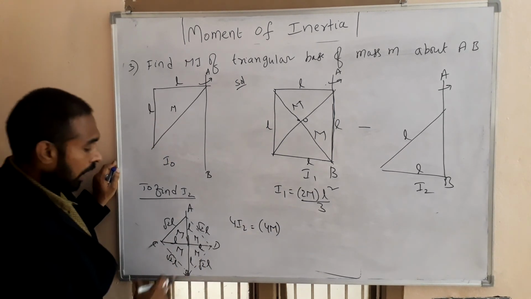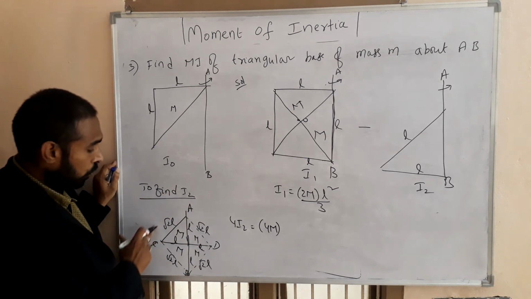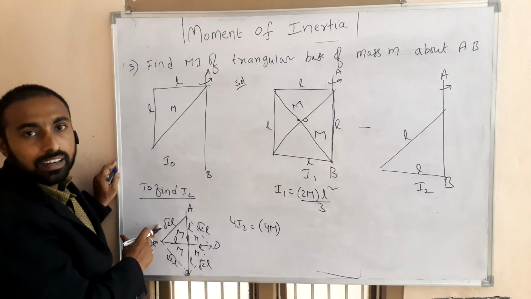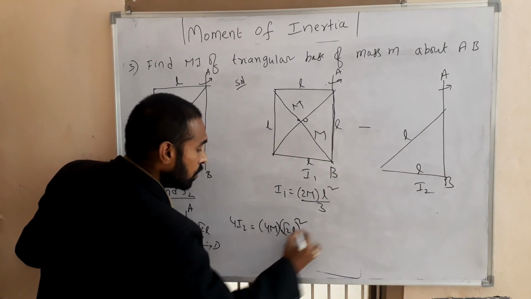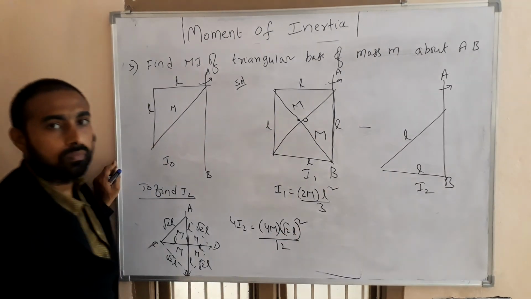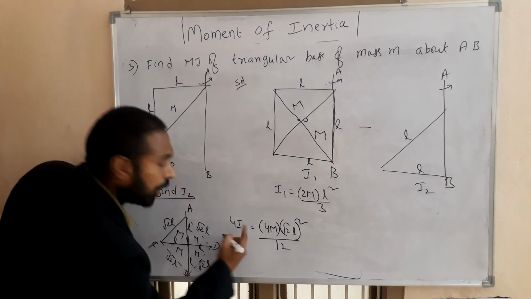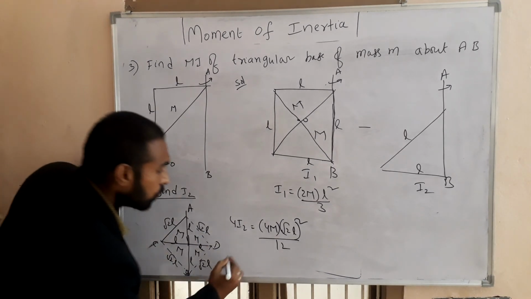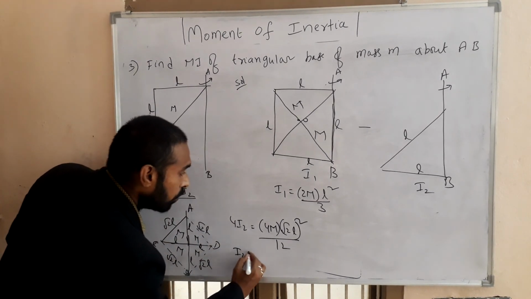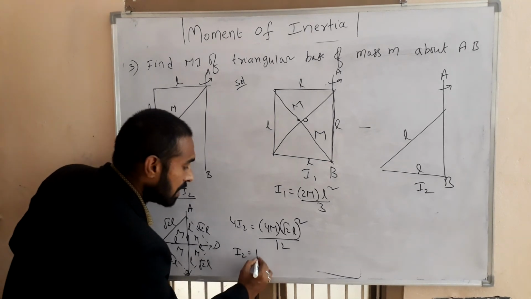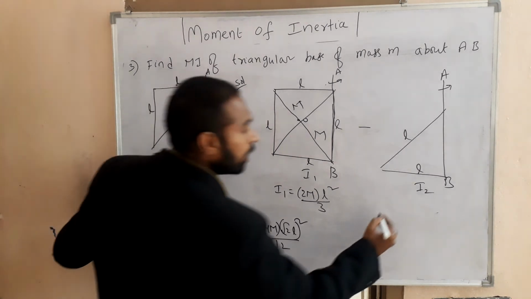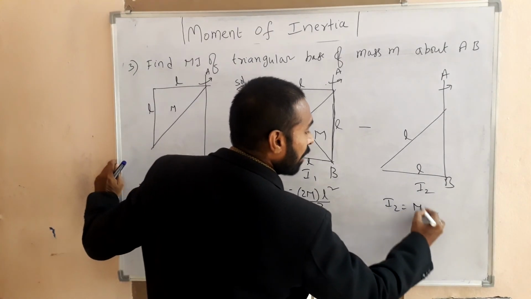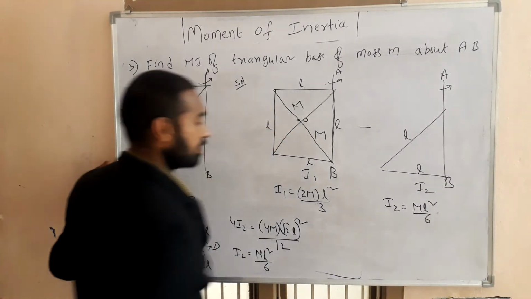About a diagonal whose side length is root 2 L, it is mL² by 12. I need only the I2 value, not 4 I2. So what is I2? I2 equals 2mL² by 12, so the I2 value is mL² by 6.